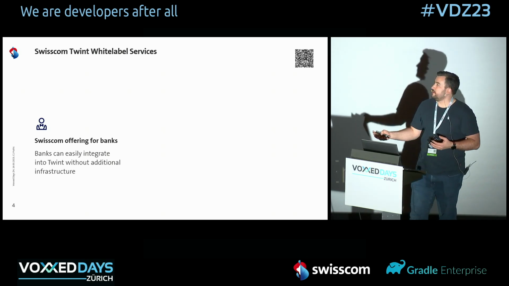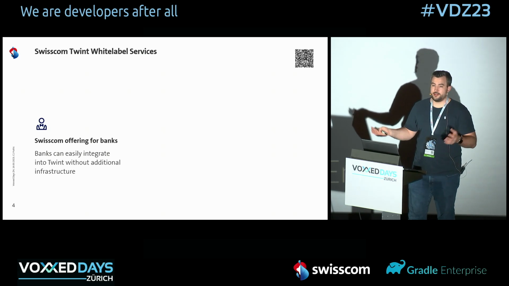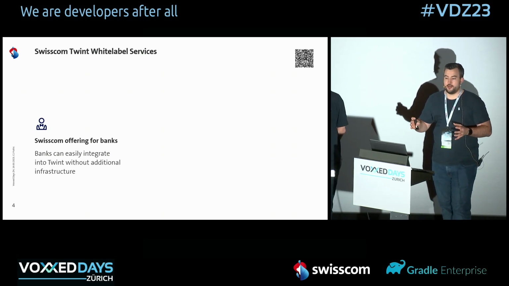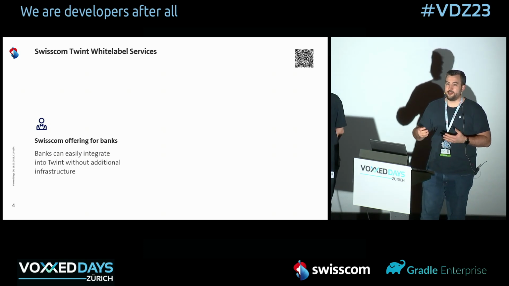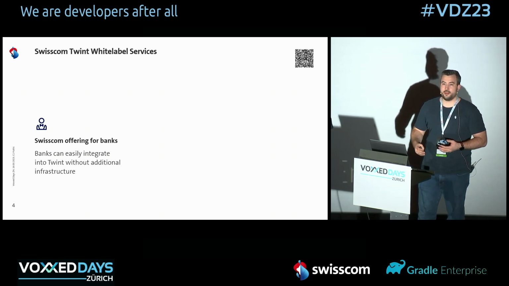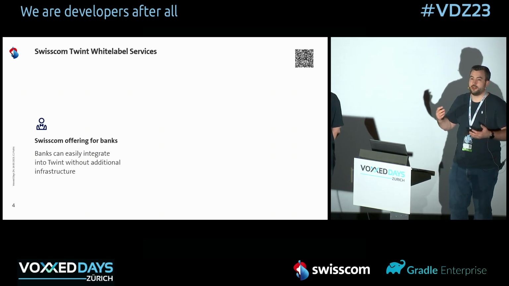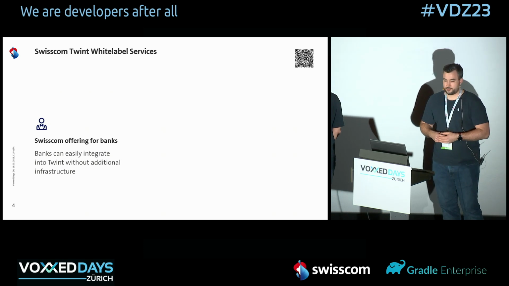And for them, it's easy to do so because all this kind of infrastructure is handled on the Swisscom side, and then the end customer gets a styled app in the design of their bank, where they can directly pay with their bank account without having to resort to a credit card or prepaid.